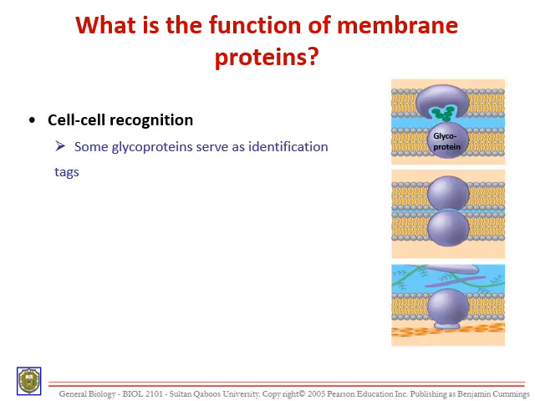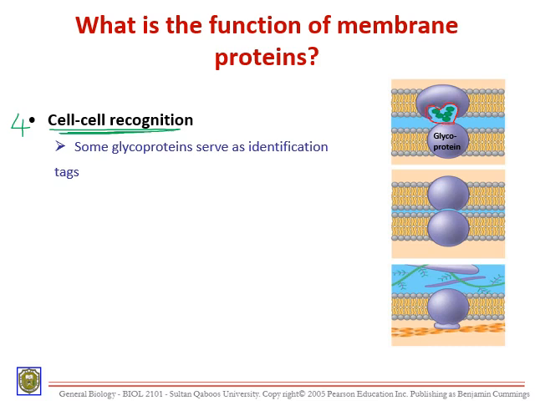The fourth function of membrane proteins is cell-to-cell recognition. And we actually talked about this point in detail when we talked about carbohydrates, because whenever we talk about recognition and how the cell is able to recognize molecules, recognize self from non-self, we always talk about carbohydrates.